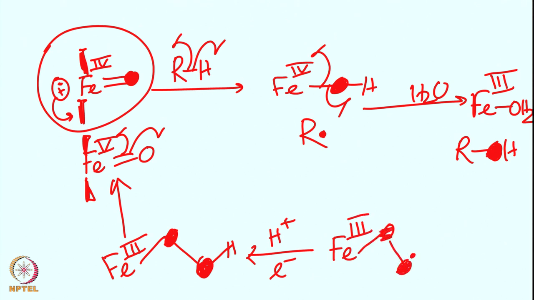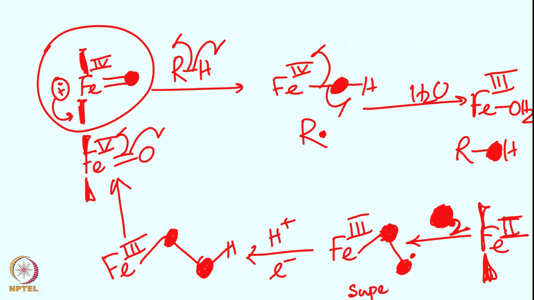In the last class we have seen that this reacts with iron 2 and O2. If it is O18 labeled O2, then all the way up to the product, this O18 labeling will be reflected. Once the iron 2 porphyrin complex is formed, of course there is always a porphyrin ring, it reacts with oxygen, and the oxygen gets reduced by 1 electron to form iron 3 and the superoxo intermediate.